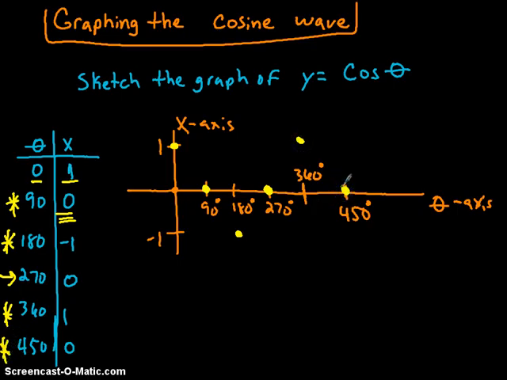So that's 0. And I can keep going further and further, but that's enough, because that's going to be more than one period anyway. So when I actually graph this curve by connecting those dots, it looks like this. Starts here, goes down through this point, back up through this one, back down, and right here.